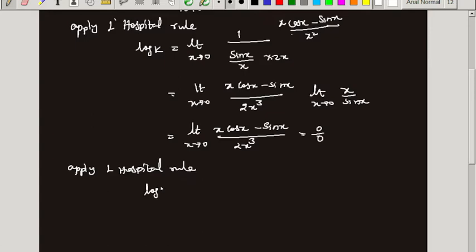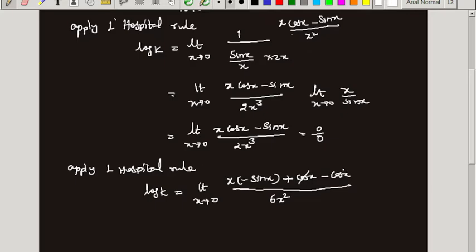So left hand side we have log k. Here we apply the differentiation, numerator and denominator separately. X into cos x, we apply the product rule. X into cos x derivative is minus sin x, plus the derivative of x is 1 into cos x, minus sin x derivative is cos x, dividing by the derivative of 2x cube, which is 6 times x square.